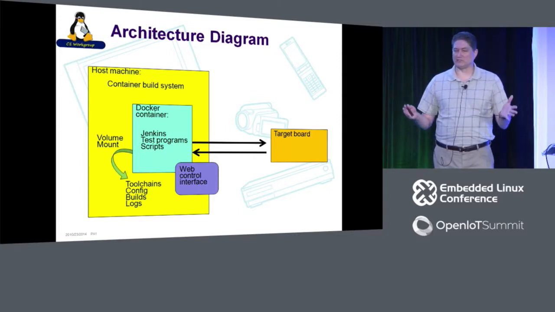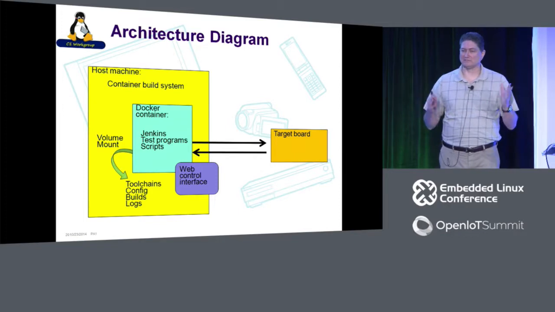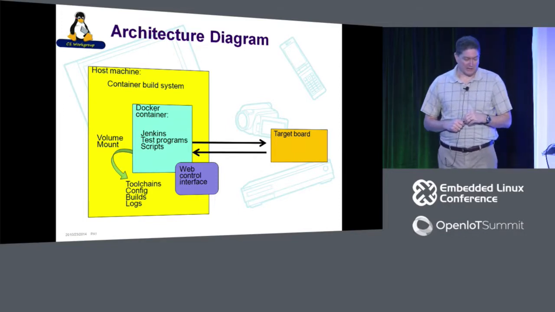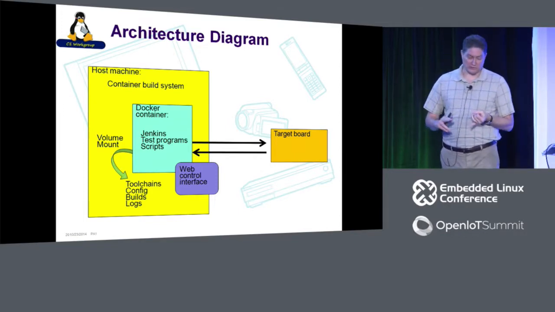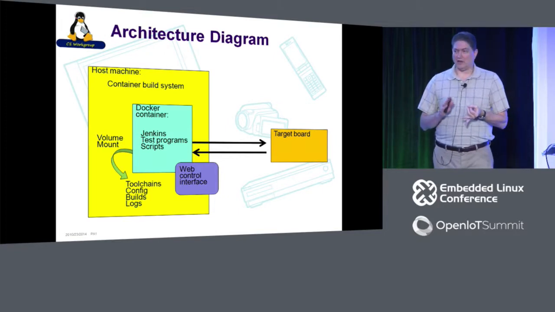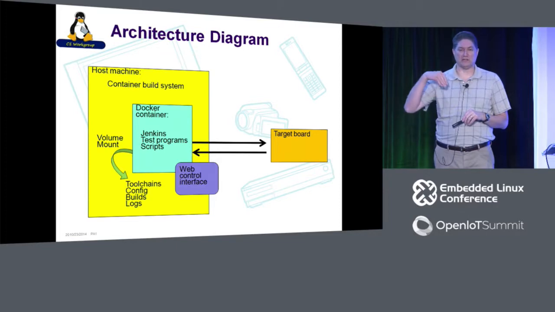They're kind of largish; usually an SDK runs maybe a gig or two. And then you have your configuration, which you want to be persistent. All your build data and your logs are out in the host file system. So it keeps the container a little bit lighter and makes it persistent. If you need to upgrade the container, we make some changes to Fuego, all your data still persists.